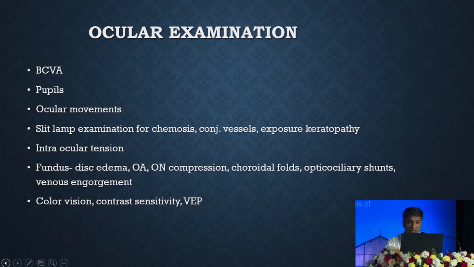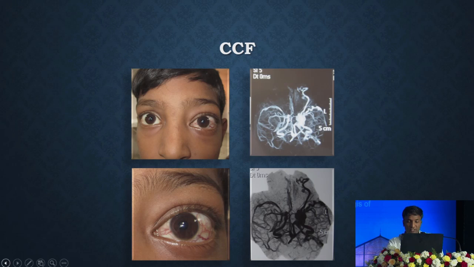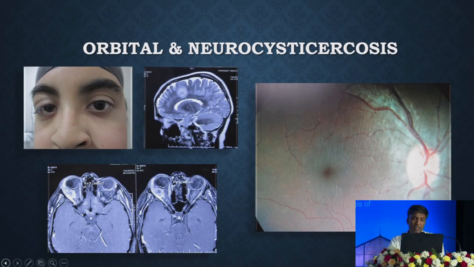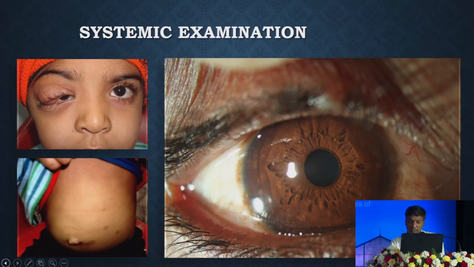One has to do the ocular examination, for example, in a case of carotid cavernous fistula, the patient can have a secondary glaucoma. You have to do a fundus examination and clinical examination. Similarly, a patient having neurocysticercosis, you have to do a fundus examination. Systemic examination is a must, for example, in a case of neurofibromatosis.